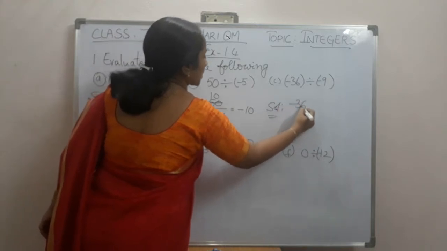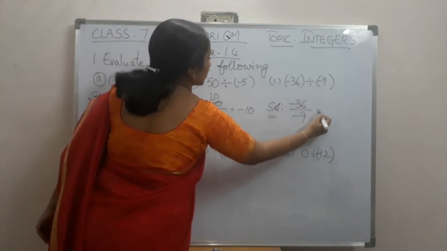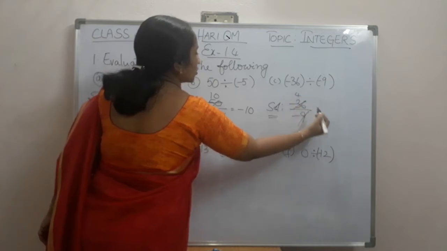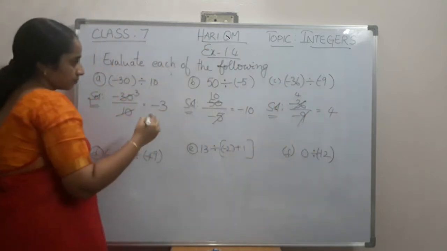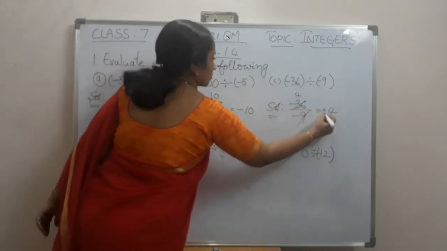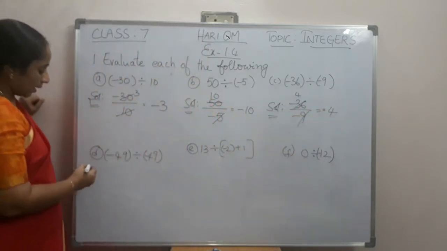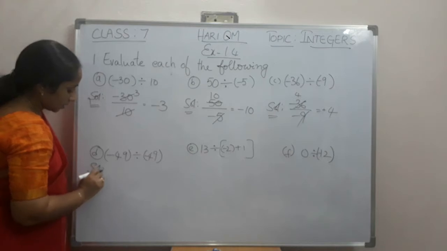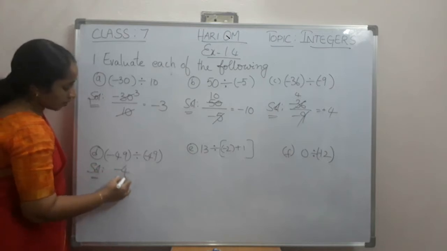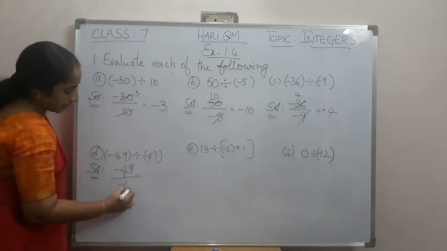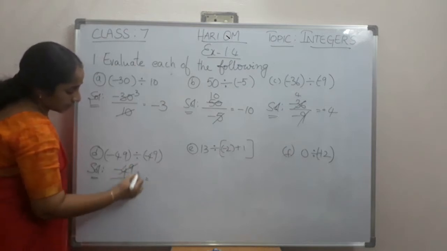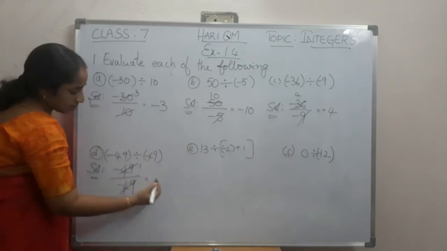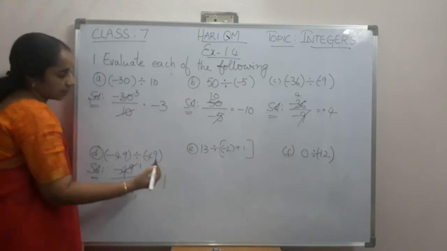Here it is minus 36 by minus 9: 9 fours are 36, minus divided by minus is plus, so it is plus 4. And here also minus 49 by minus 49: 49 ones are 49, minus divided by minus is plus 1.